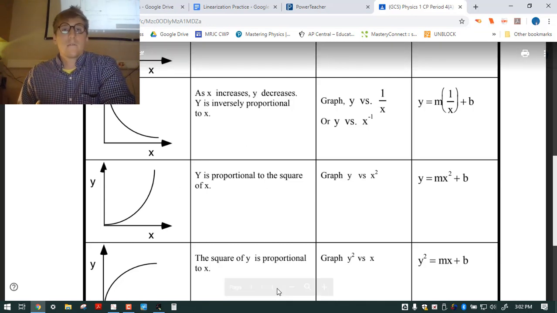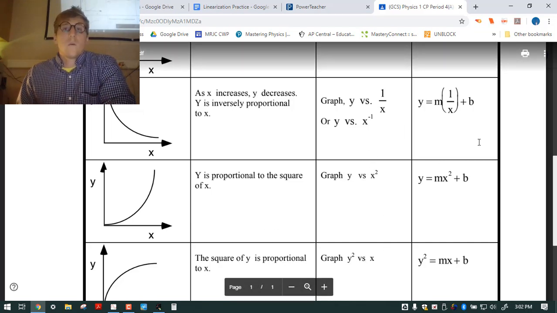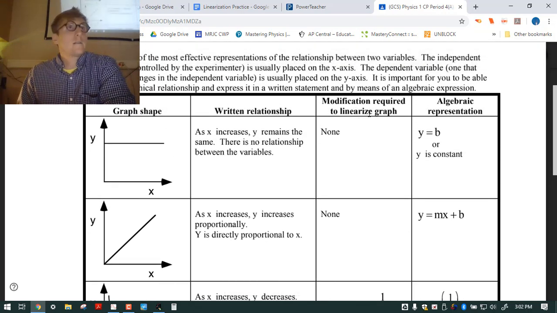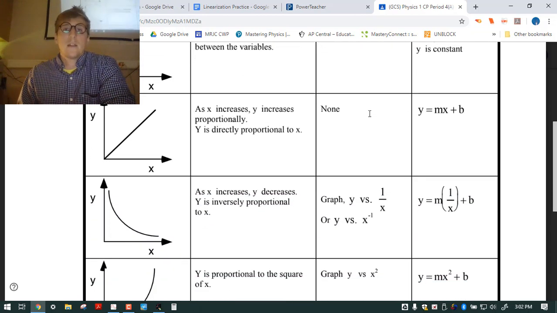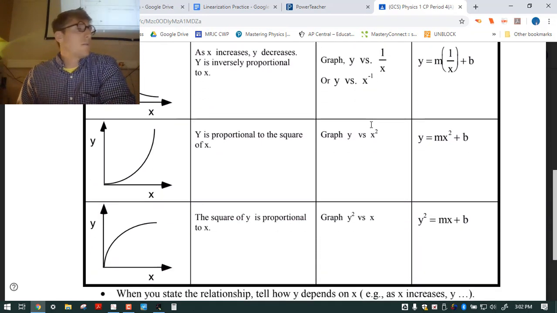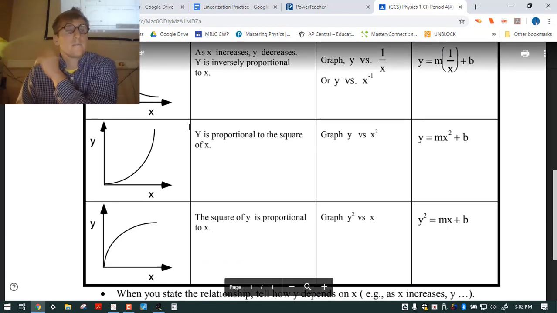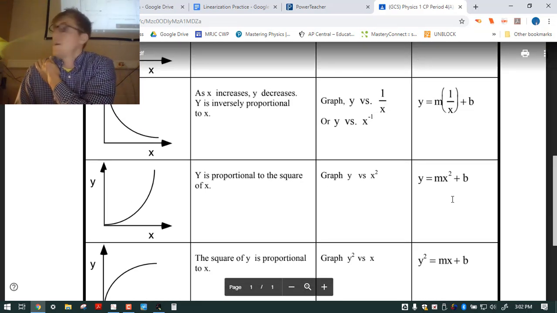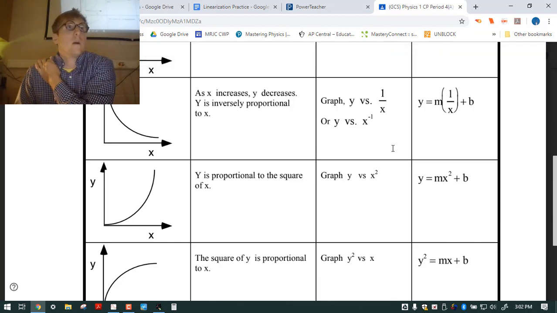They can tell you the written relationship, but the important part is this column, where we see how to modify your data to linearize your graph, or just look at the data in a different way. If you graph your data for this lab and you see something like this, to get that data to be a straight line, which you have to do, you graph y versus 1 over x, or y versus x to the negative 1.